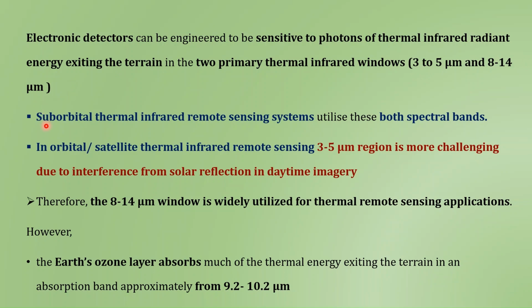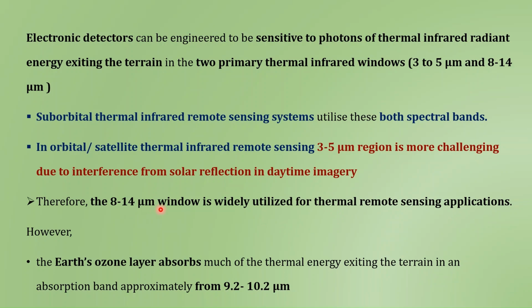So when we are using a suborbital platform like an aircraft, in that case both the spectral bands can be utilized, but in orbital or satellite thermal infrared remote sensing, this 3 to 5 micrometer region is more challenging due to the interference from the solar reflection in the daytime imagery. Therefore, the 8 to 14 micrometer window is widely utilized for thermal remote sensing applications.